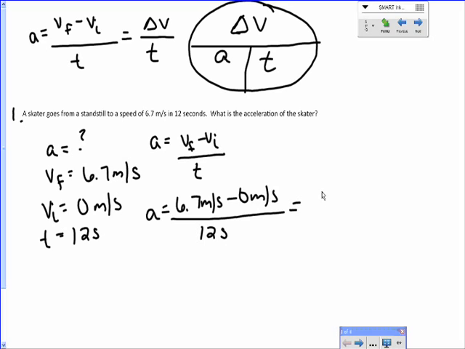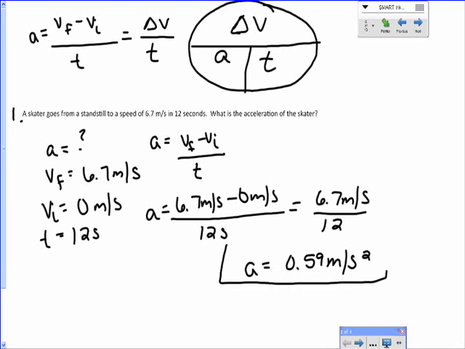Now, let's go ahead and solve this. 6.7 minus 0 is 6.7 meters per second, divided by 12. So you put this in your calculator, 6.7 divided by 12 equals, and we'll put down here, acceleration is going to equal 0.59 meters per second squared. Now, I'm going to show you how to double check yourself.